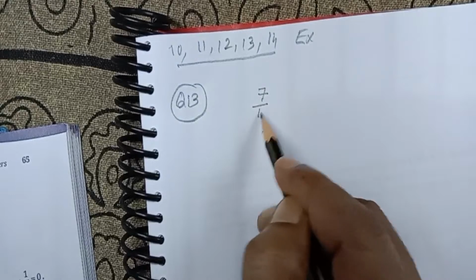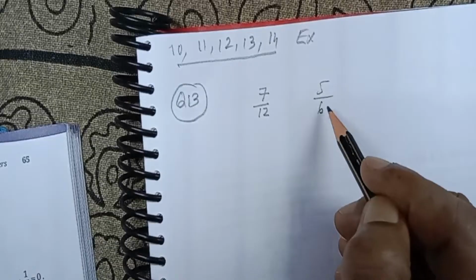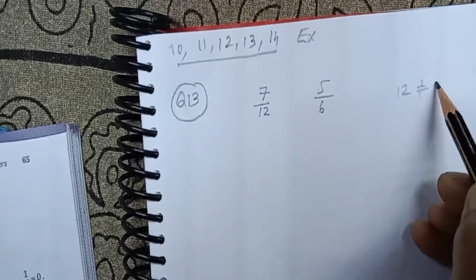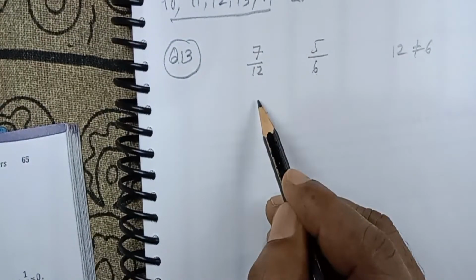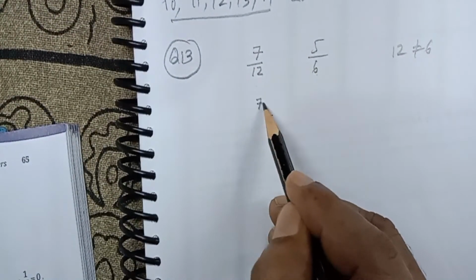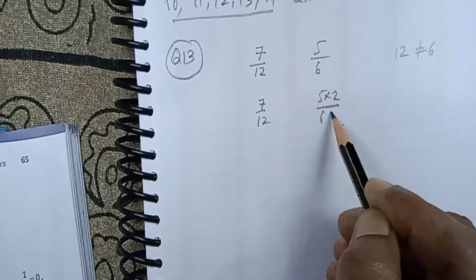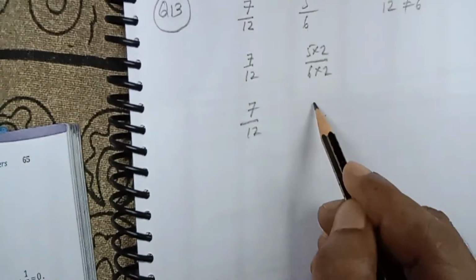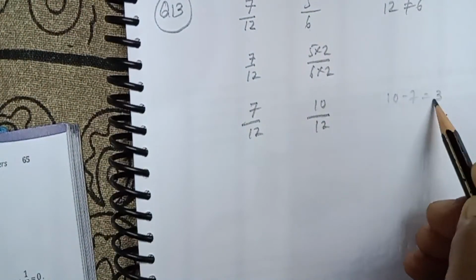7 by 12, 5 by 6. 12 is not equal to 6. Okay. Because here M is 12, here that is 6. So you have to equalize it. 7 by 12, this one 5 into 2, 6 into 2. So 7 by 12 and 10 by 12. 10 minus 7, that is 3.